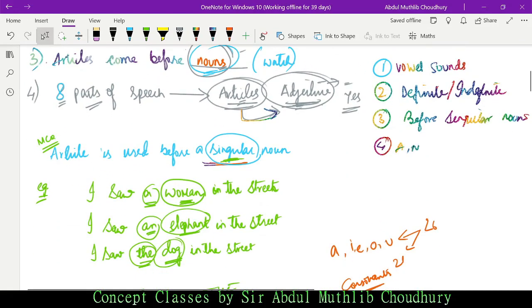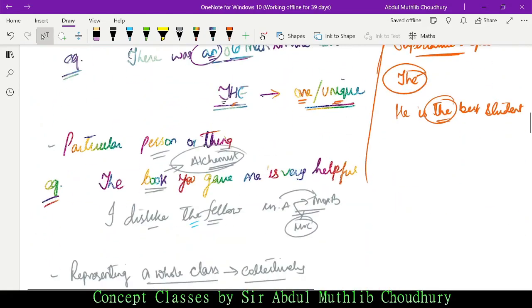How many articles are there? A, an, the. What are the definite articles? Something that is definite or certain, it is "the." And what is indefinite? It is "a," "an." "An" is used with a vowel sound, not a vowel. So this is all about articles.